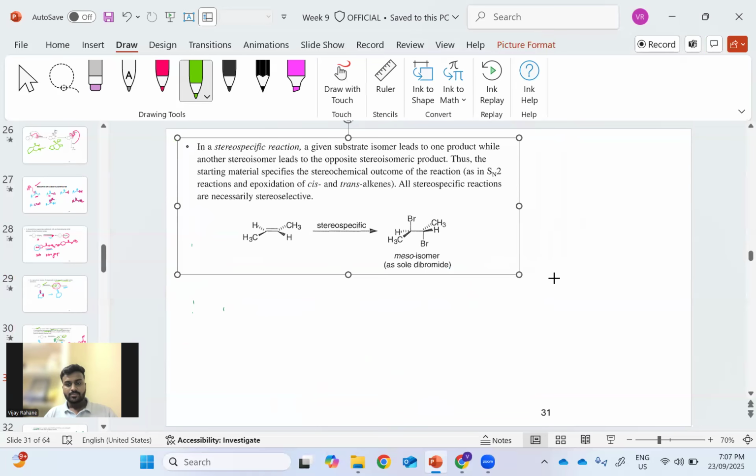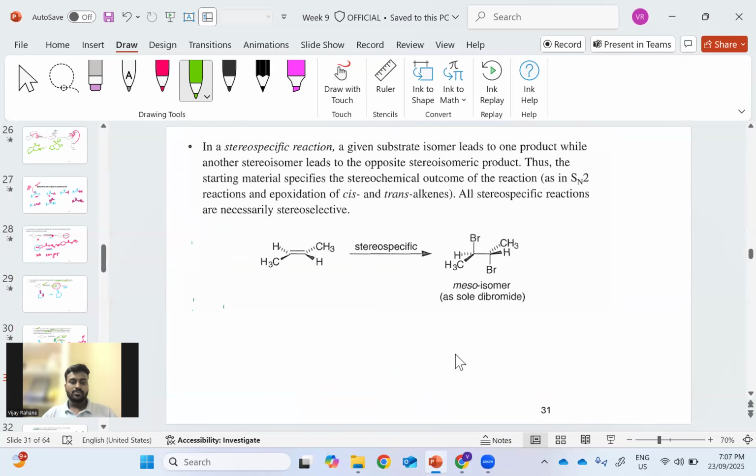As you can see, we have a trans alkene. Upon bromination, the bromines add anti to each other, and we get only the meso isomer. What is the meso isomer? If we draw it in 2D, that's the Br, and here is the hydrogen, the CH3 and the CH3. We call this isomer a meso isomer.